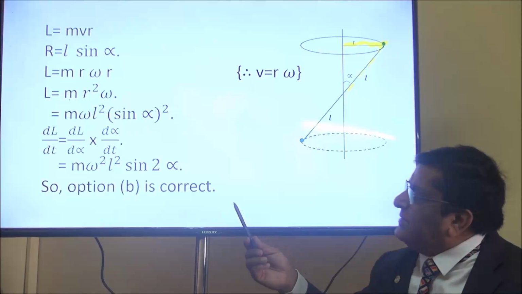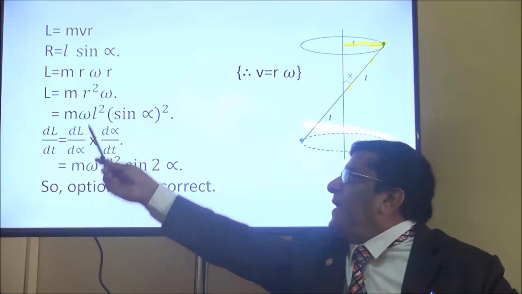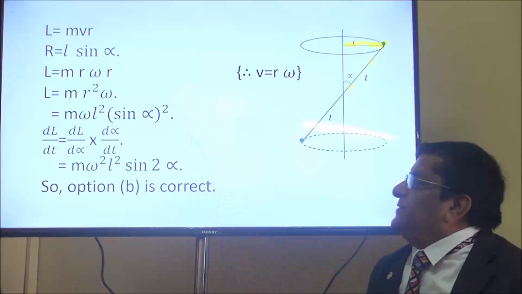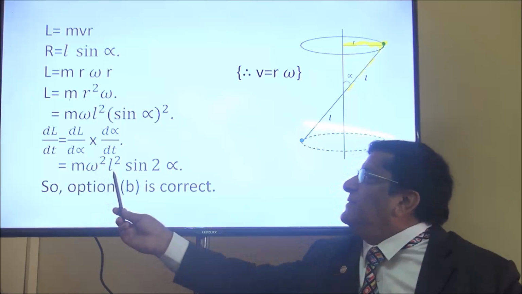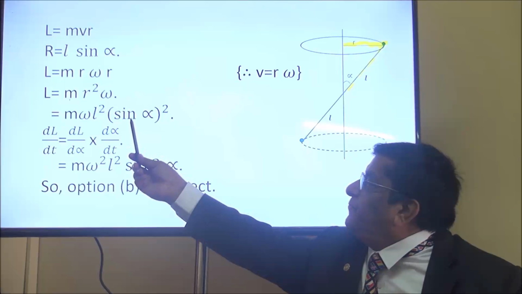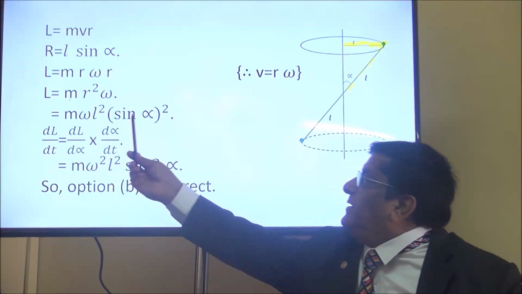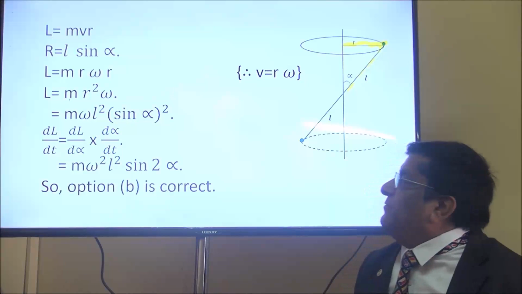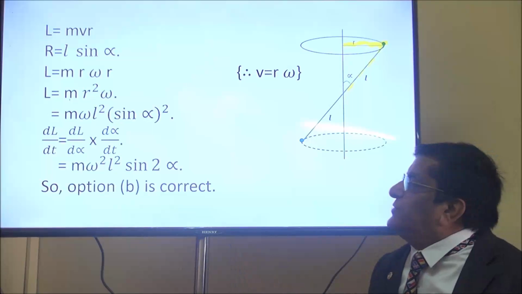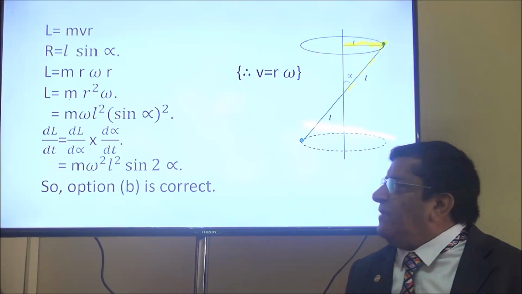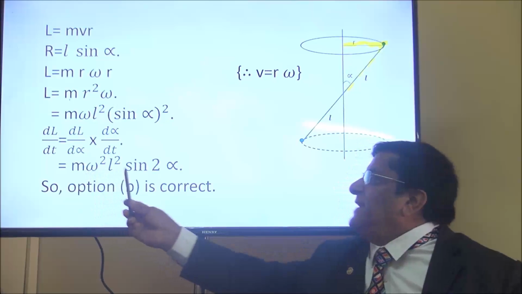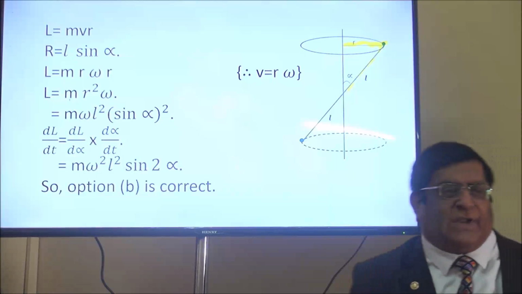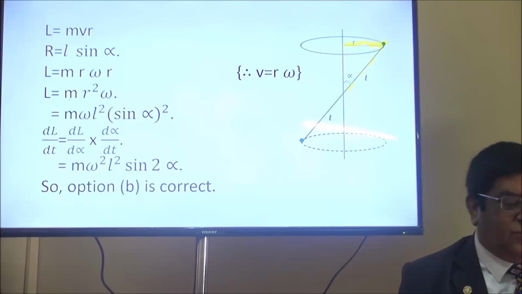Now it's a small mathematics. dL by d alpha, differentiated with respect to alpha, m, omega and L square are constant. Sine square alpha differentiates to 2 sine alpha cos alpha, and all you do in 2 steps, you will get this as the answer. That differentiation, you know, you can do that.